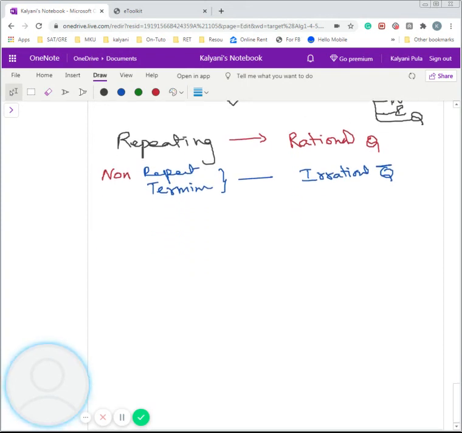A little bit of practice on this, so that way we can get a good idea. There you go.